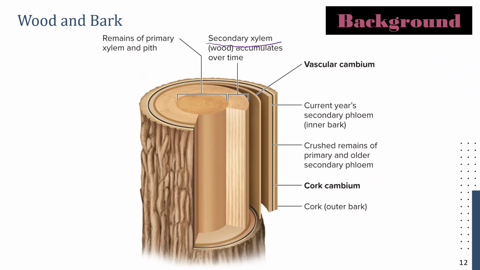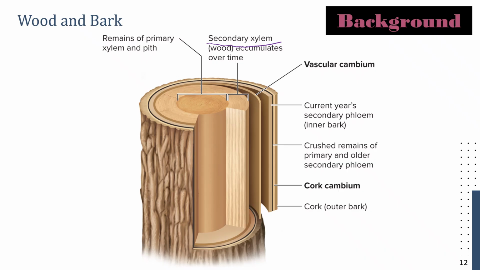And this is because as the plant grows outward, we need to get nutrients farther out in our plant. And so we build this second layer on the outside. Remember that our meristems happen at our root tips and our shoot tips, and so we're only seeing growth from those directions.